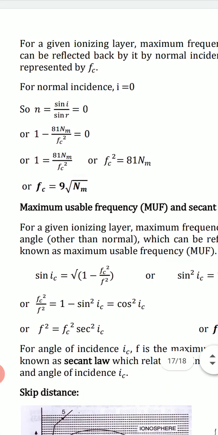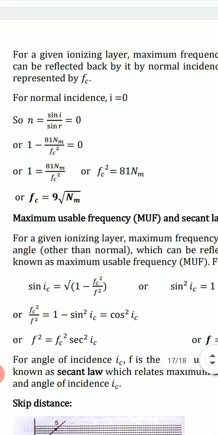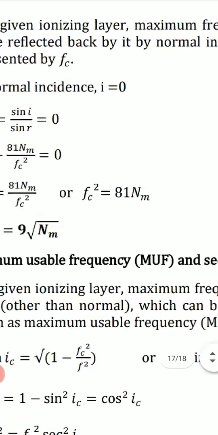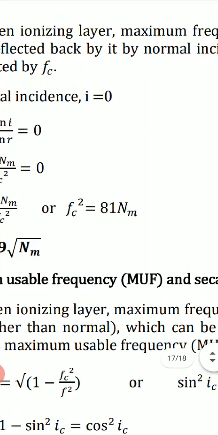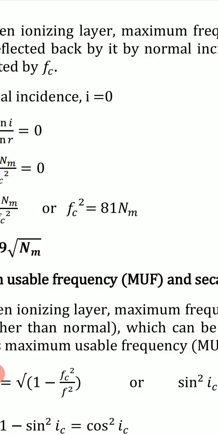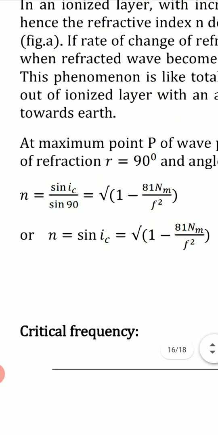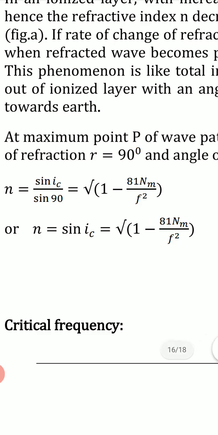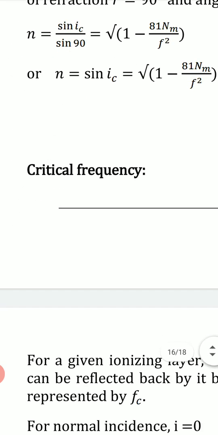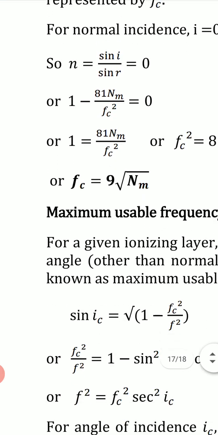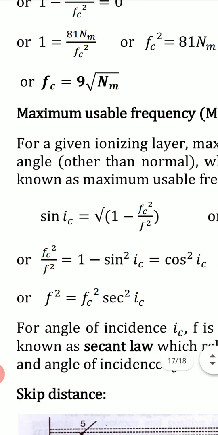So from equation 3 we have fc square equal to 81 nm, and we put the value of 81 nm, which is fc square, in this relation. We put 81 nm equal to fc square, then we have sin IC equal to root 1 minus FC square upon F square.